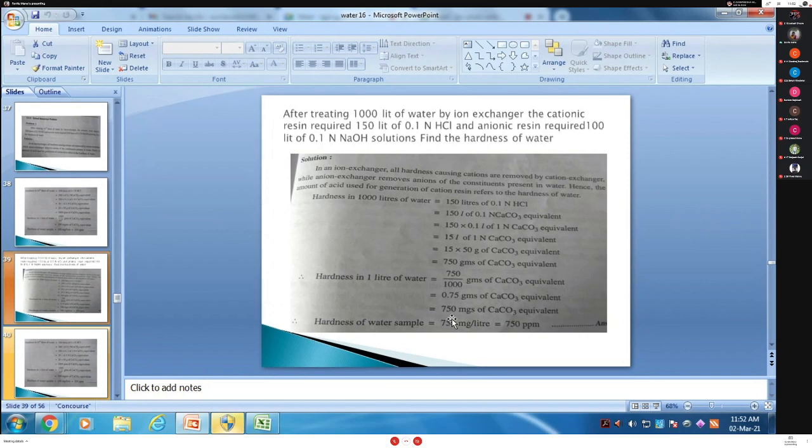And how much will it be in milligrams? 750 milligrams of CaCO3 equivalent. Grams converted into milligrams: 0.75 grams of CaCO3 converted into milligrams gives 750 milligrams of CaCO3 equivalent. So the hardness of the water sample is 750 milligrams per liter, equal to 750 ppm.